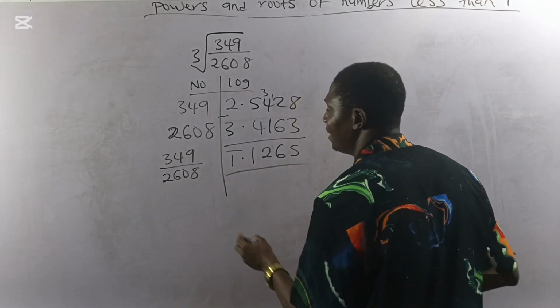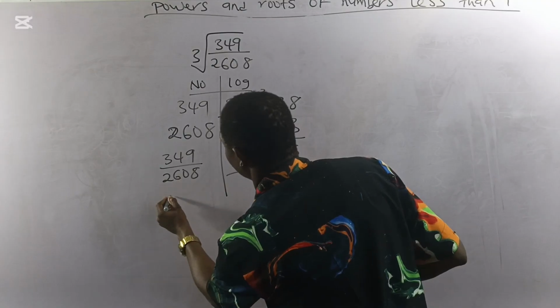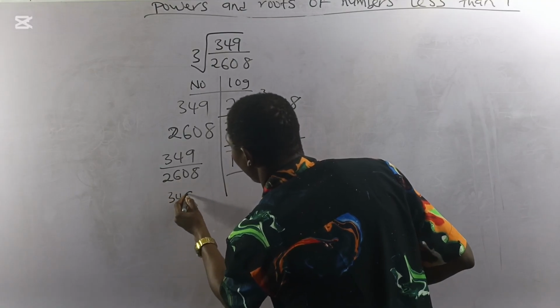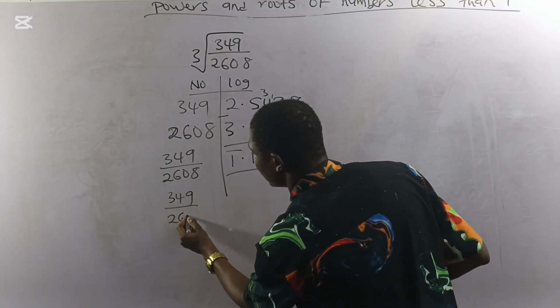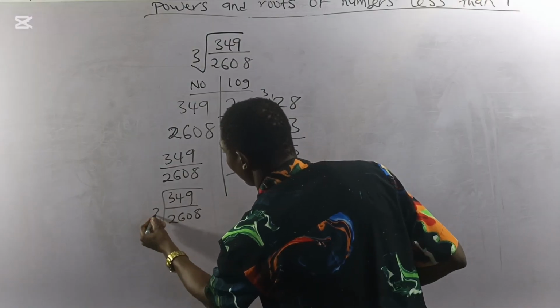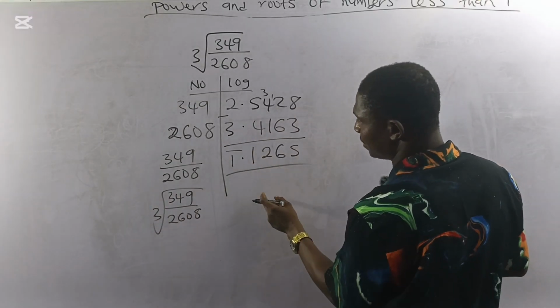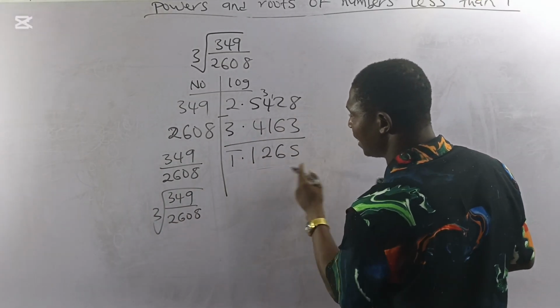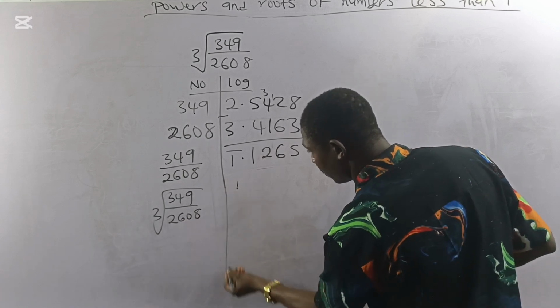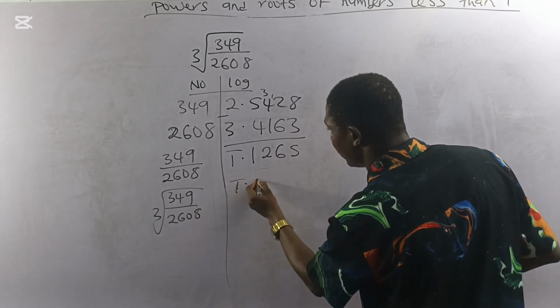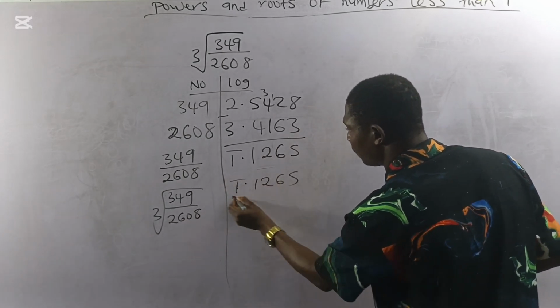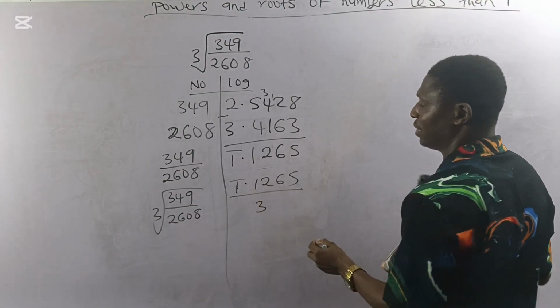Now we have to divide, because we have 349 all over 2608, all the third root. So we have to divide this. Let's bring it down so that it will follow accordingly. 0.1265 divided by 3.